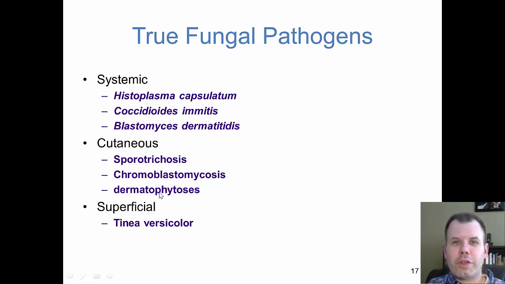These are a lot of our skin infections, the ringworm and other things like that. And then the superficial: I'm going to show you one disease, tinea versicolor, which causes a disfiguring and discoloration of the skin, and it's only on the top layers of skin.